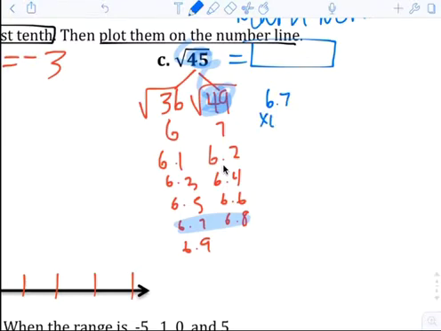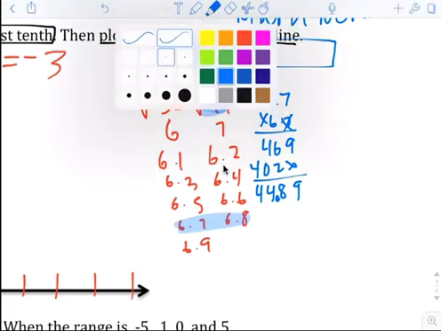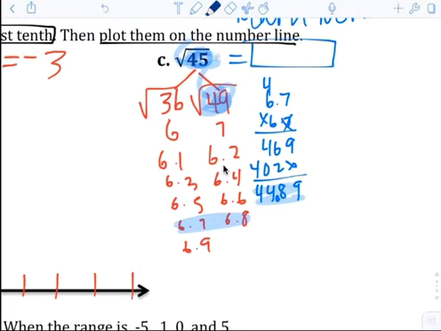6.7 times 6.7 is 44.89. Oh, that's so close. Look, that's very close to 45, okay? That's a good guess. Saves me a lot of work.